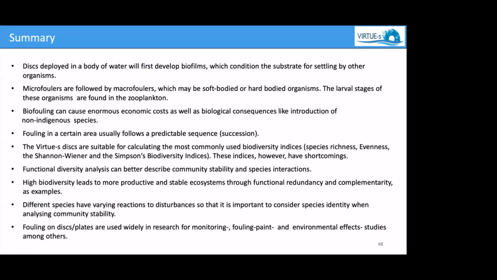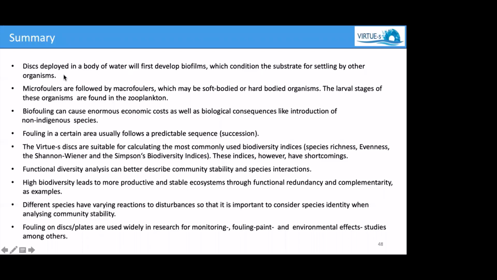Okay, so to summarize everything, first, the discs, when they are deployed in a body of water, will first develop a biofilm. The biofilm will condition the substrate for later settling of other organisms, mostly macroorganisms. The bigger organisms may be soft-bodied or hard-bodied. Most of the organisms that will settle on the disc, of course, are benthic organisms, and they are sessile.